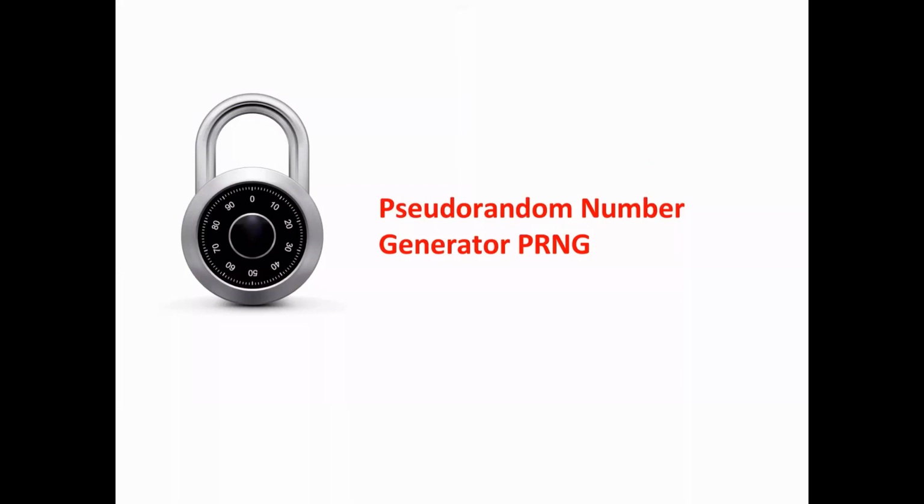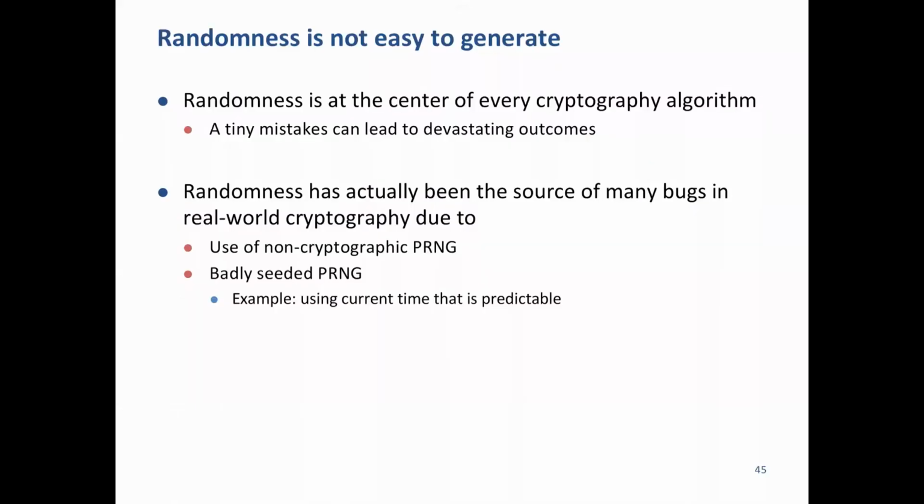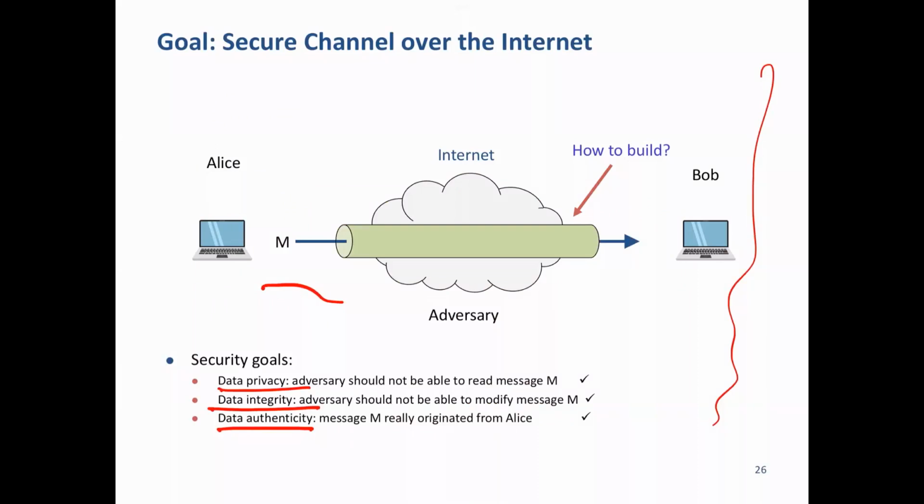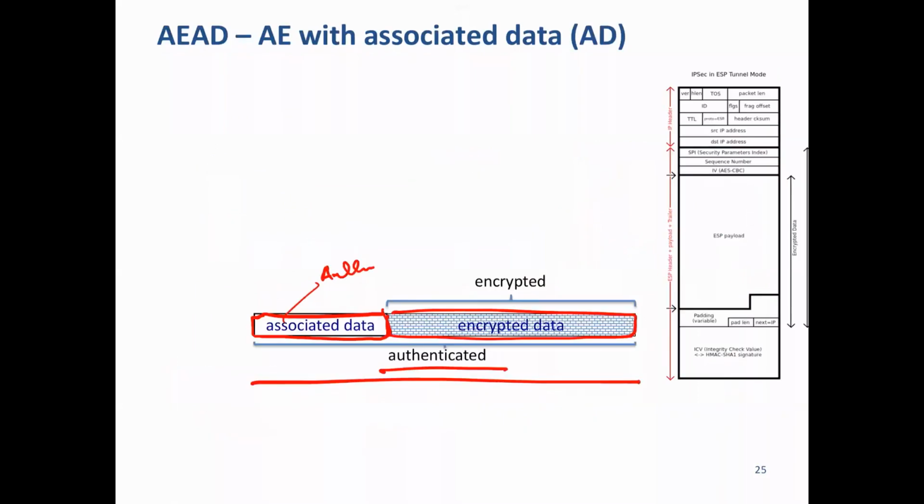Sir, how will Bob get to know that the additional data has been changed? Okay. The additional data has been changed, because we are providing integrity over that. We have not looked at the whole concept, right? We are just giving how we achieve integrity.